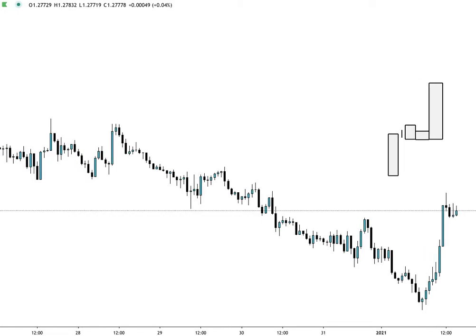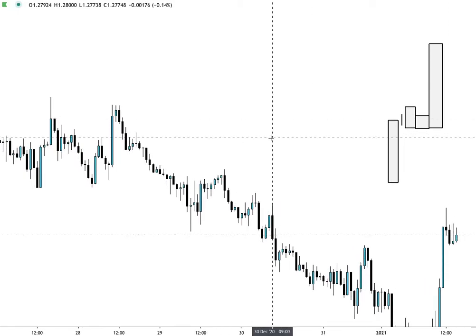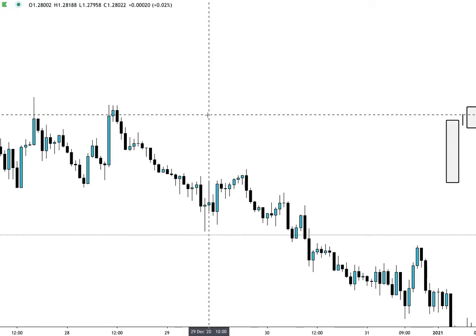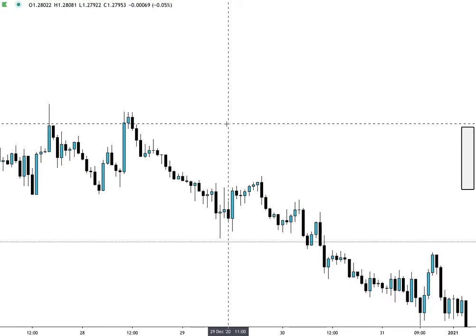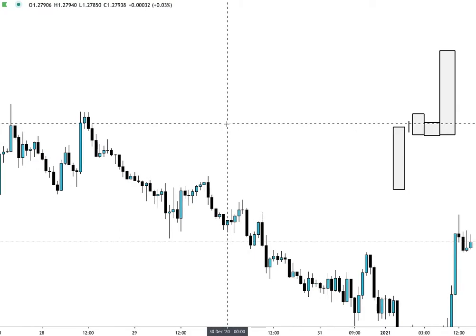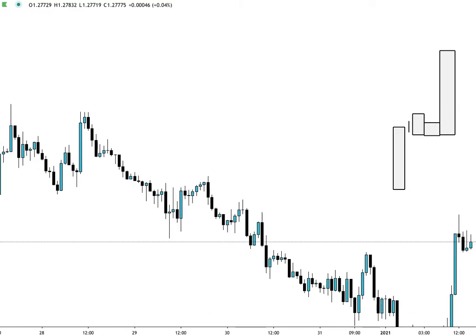It simply means that the body of the candle is less than 50% of the entire candle. It's like an indecision candle. It just signifies that the market stayed in one position for a short period of time, right?